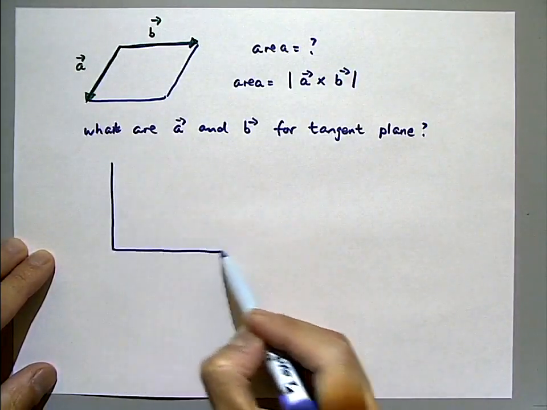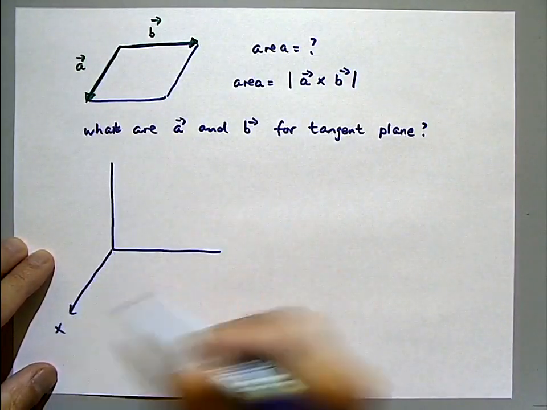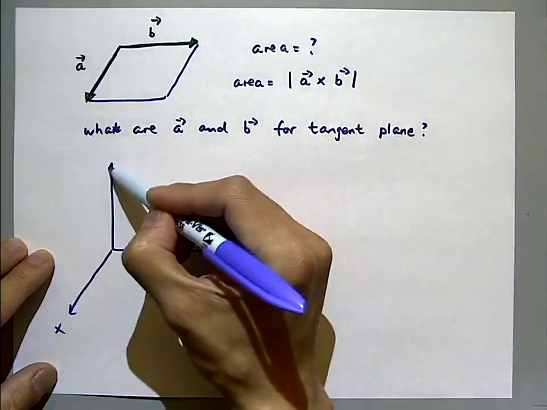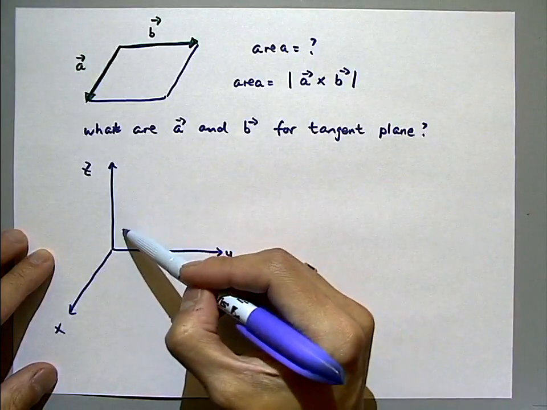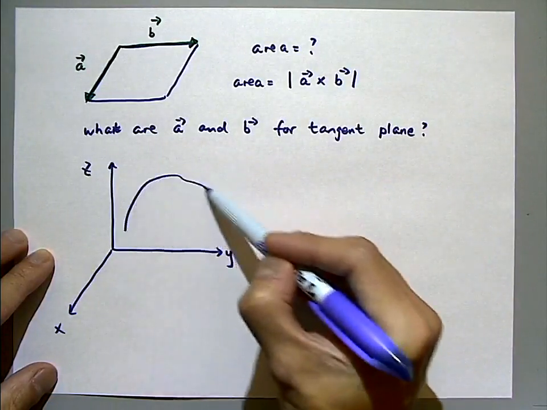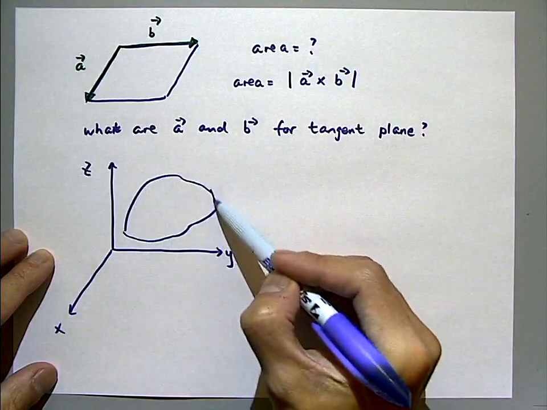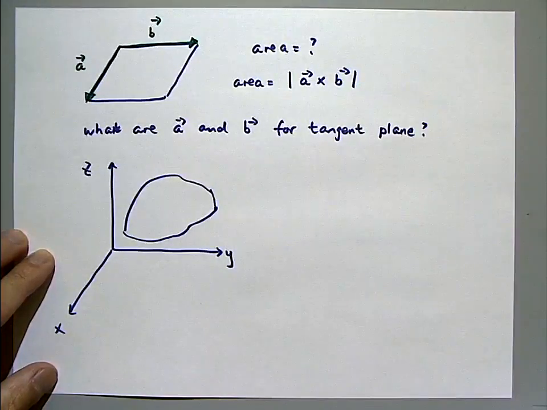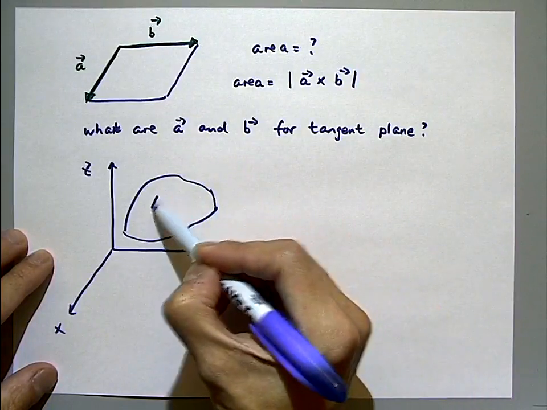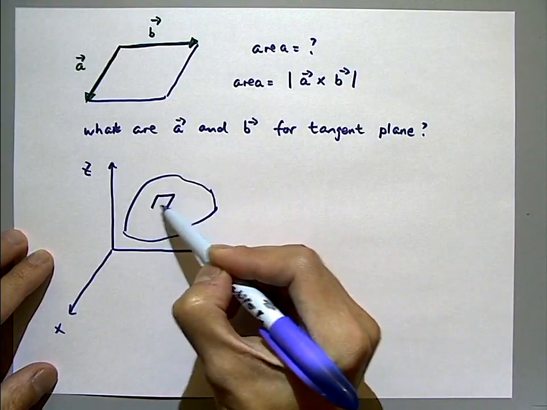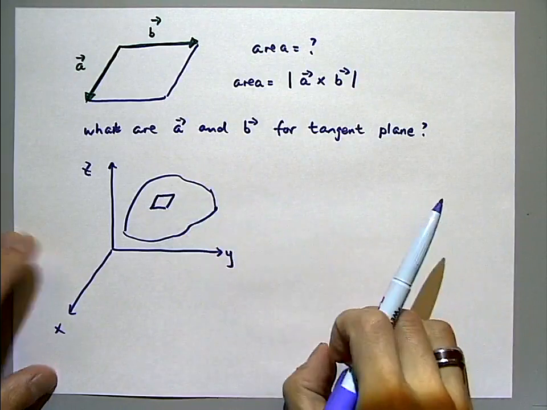Let me sketch that picture again, and we'll figure out what they are. Here's my surface. It looked better last time, but it's the same thing. And I'm exaggerating the tangent plane here.